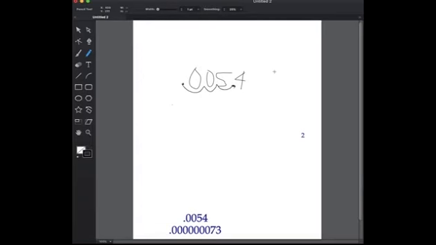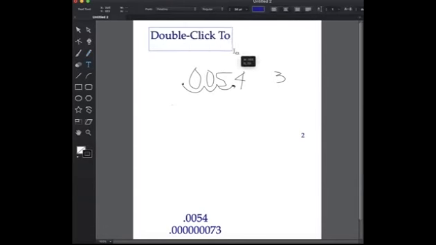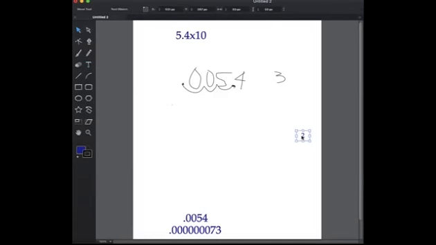So it took 3 decimal places to convert this number to a scientific notation. At the top, we got 5.4. We omit these zeros. 5.4 times 10 to the three.